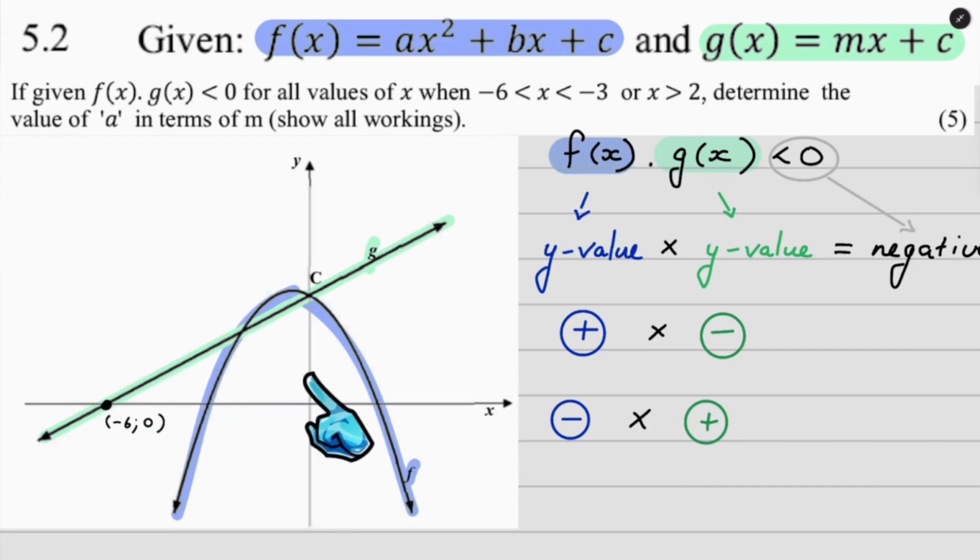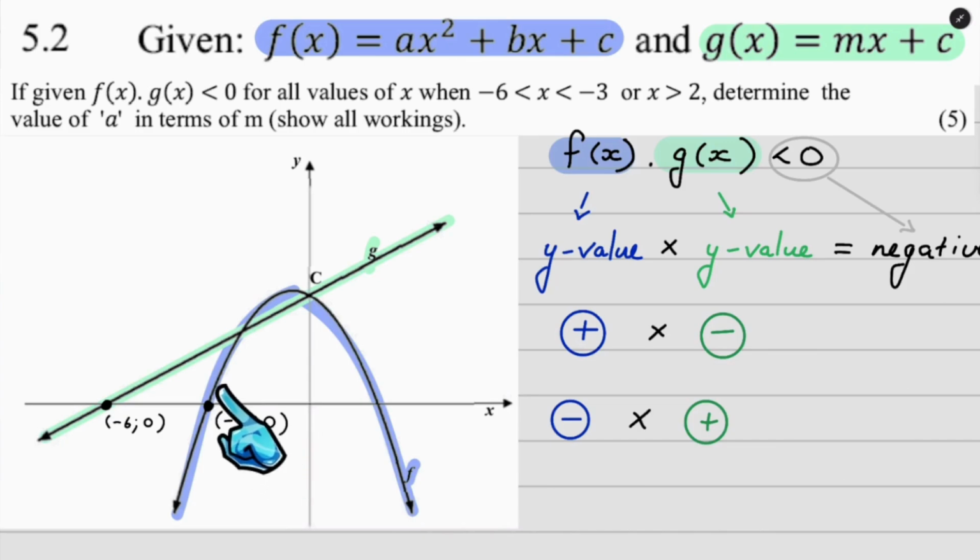I've got a positive y value here and a negative y value here, so it's still working. Things are going to change when I cross this point, because as soon as I cross this point, the blue graph has a positive y value and the green graph also has a positive y value. So it stops working over there, and they told us it stops working at -3. So this point over here is -3.